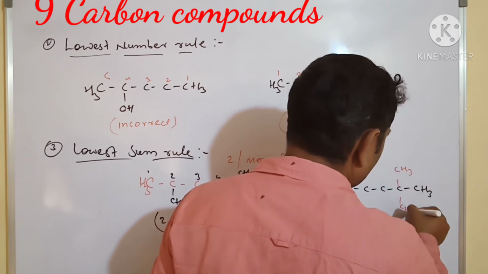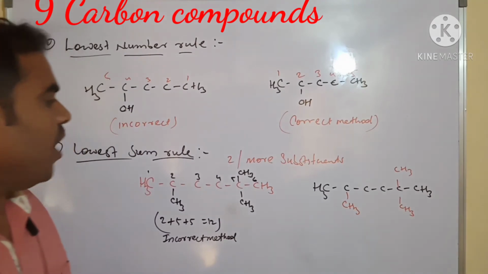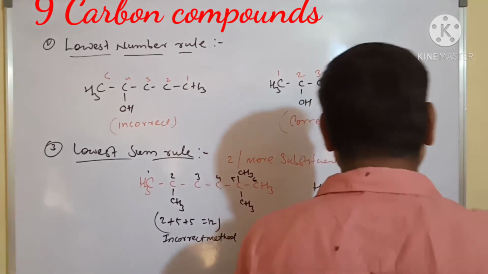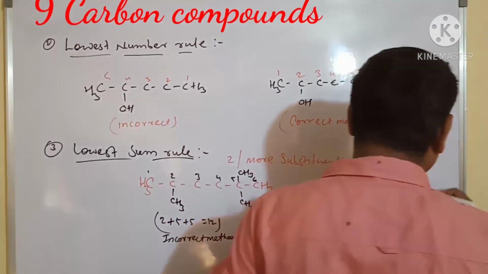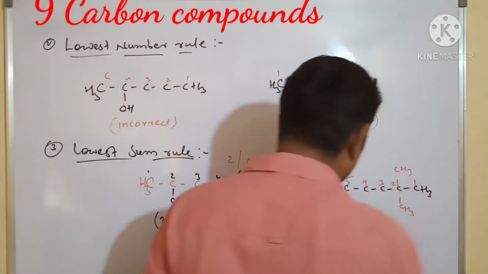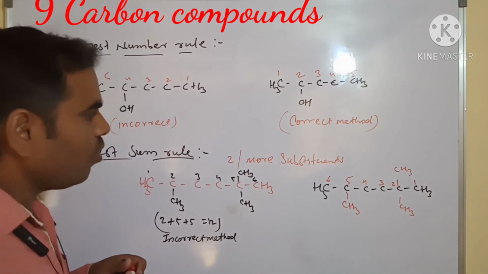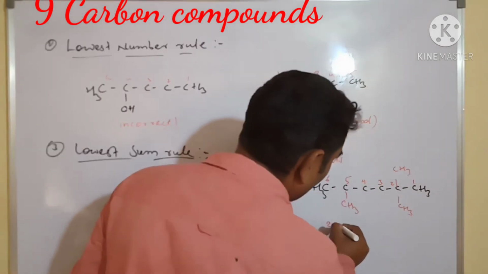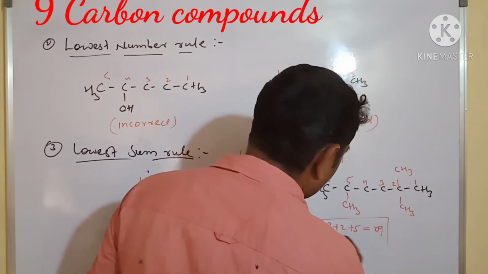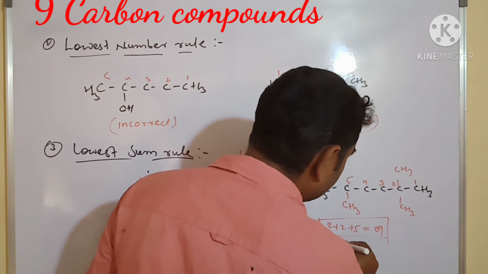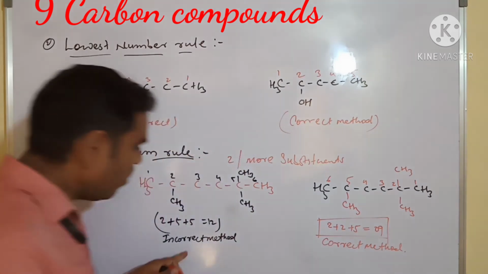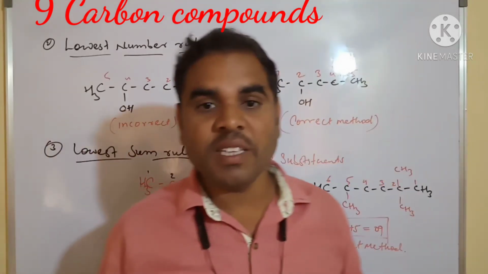We have to give the numbering this way, right to left, 1, 2, 3, 4, 5, 6. Here 2 plus 2 plus 5 equals 9. This one is the correct method, and the other one is a wrong method.